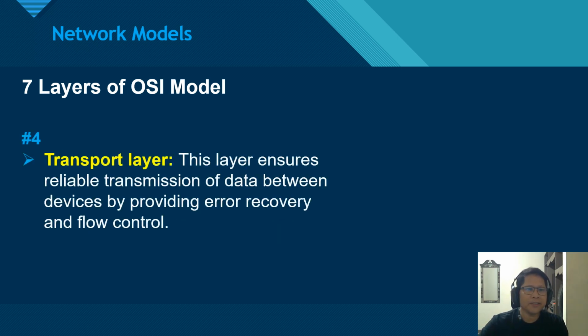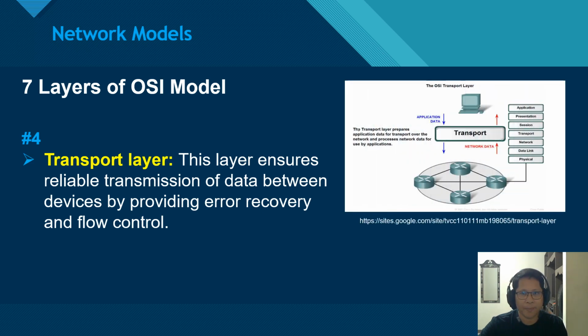Move on to the fourth layer, which is the transport layer. This layer ensures reliable transmission of data between devices by providing error recovery and flow control. It also breaks down data into smaller units to be transmitted and reassembles them at the receiving end.